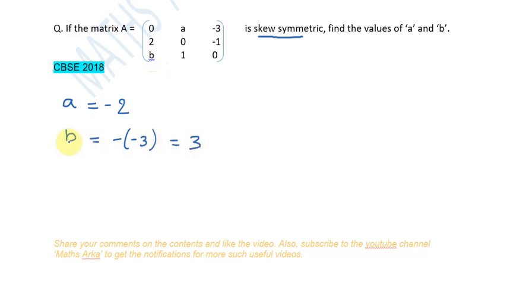So the value of A is -2 and the value of B is 3. And let's see the other element, 1, and here it is -1, so this is already satisfied. So this is the answer. A is equal to -2, B is equal to 3.